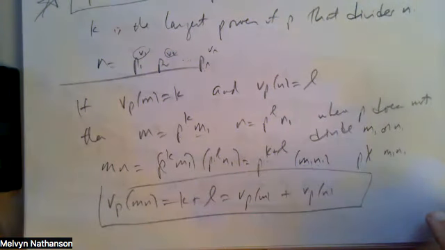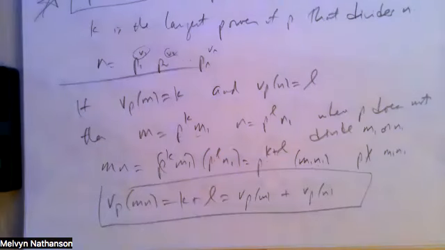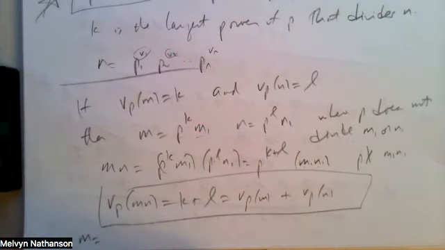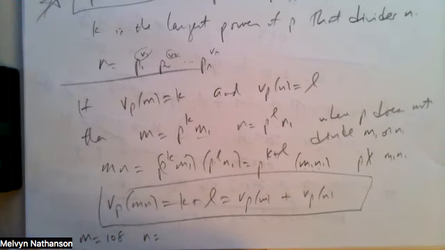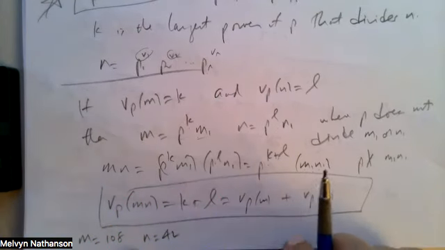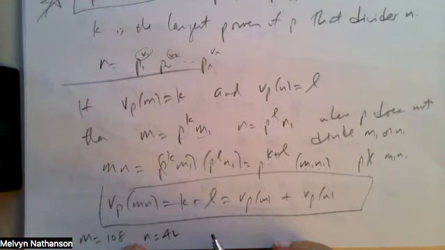Is there a question about this? Can I explain this further? I'll just give an example. Suppose I take M to be 108 and N to be 42, and I take P to be 3.